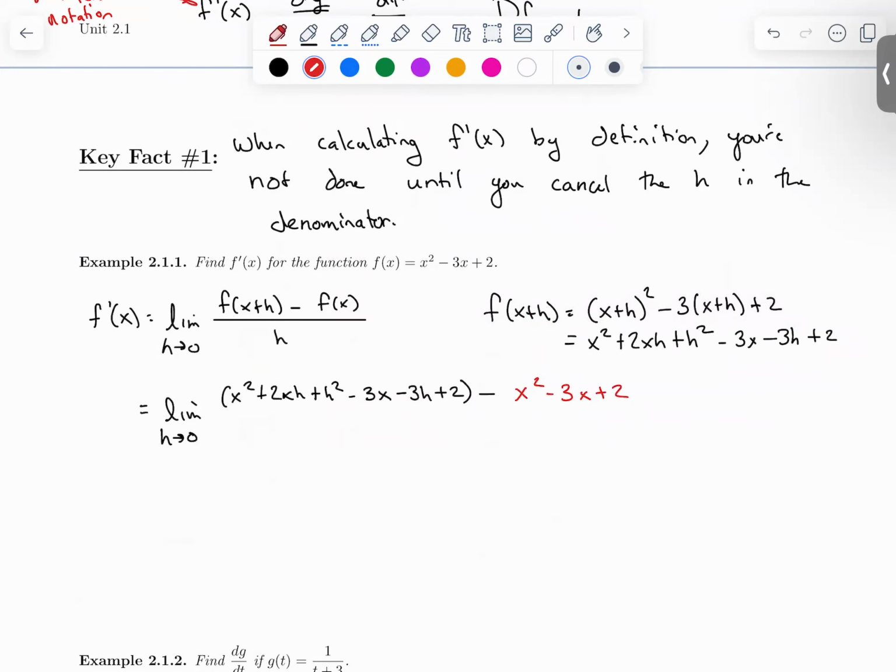Why is John Doe wrong? Didn't put parentheses. If you forget to distribute, you will get the problem wrong 100% of the time. And that's a true statement. 100% of the time, if you do not distribute, you will get the wrong answer.